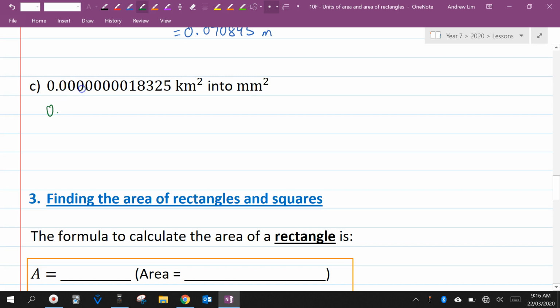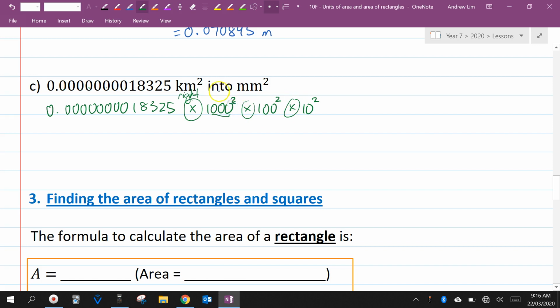So 1, 2, 3, 4, 5, 6, 7, 8 zeros. And we are going to multiply that by 1000 squared, by 100 squared, and by 10 squared. Which means we're moving the decimal point to the right. Okay, they're all going to the right.